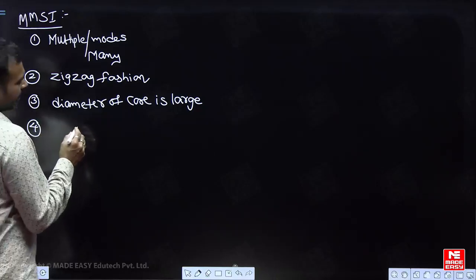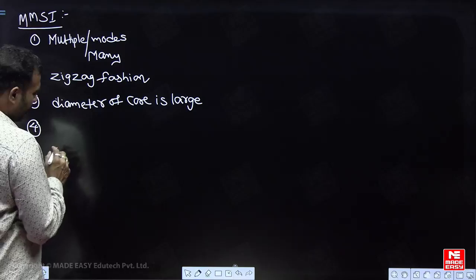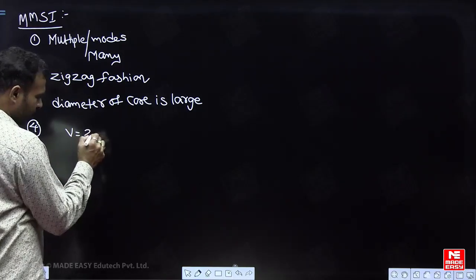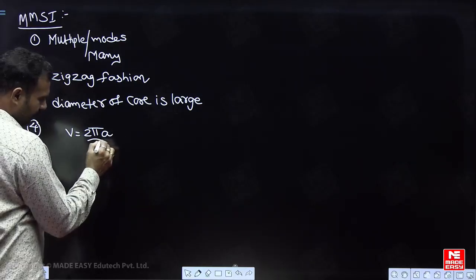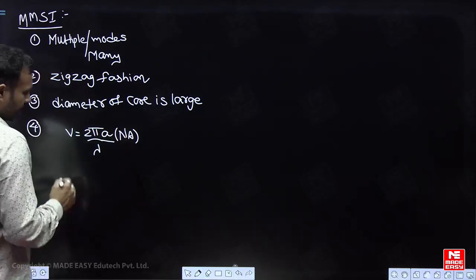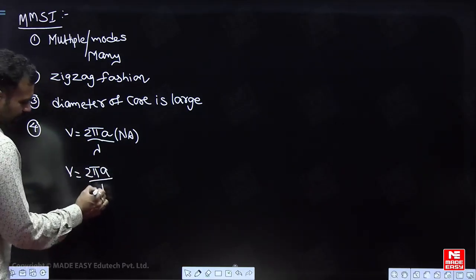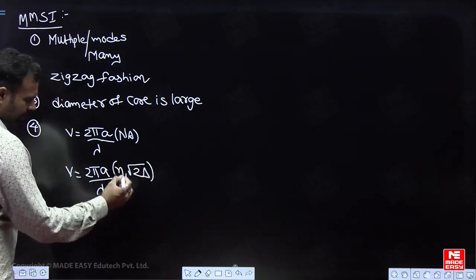The next important point I can tell you here is the number of modes. V is equal to 2 pi a by lambda into numerical aperture. We can also write it like this: V is equal to 2 pi a by lambda into N1 into root of 2 delta.